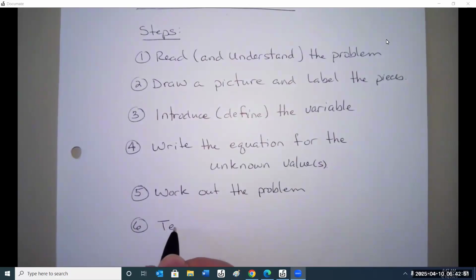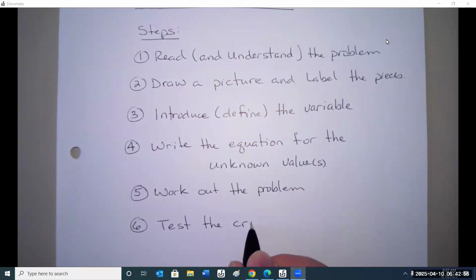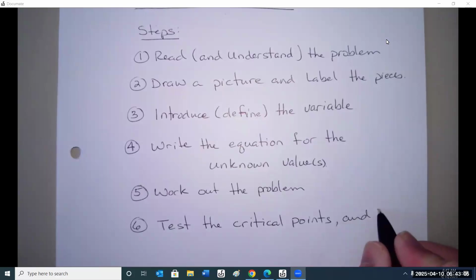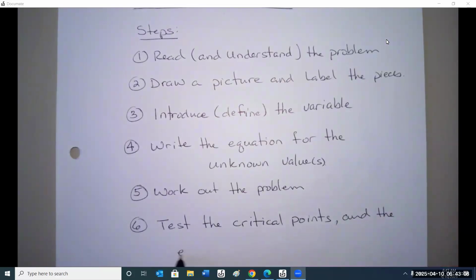And then lastly, test the critical points and the endpoints of the specific domain of the variable.